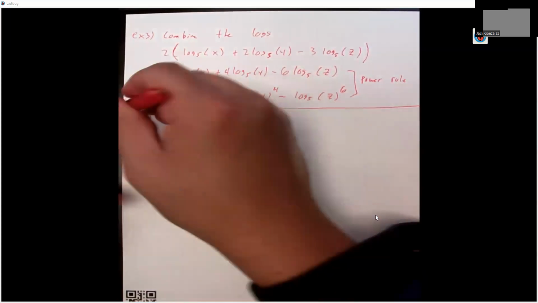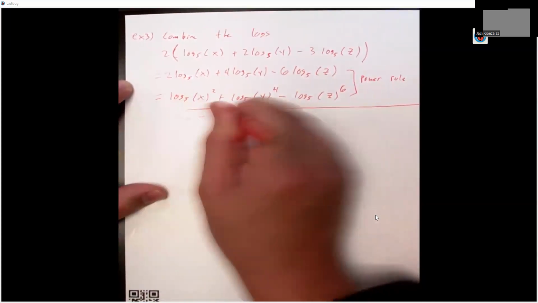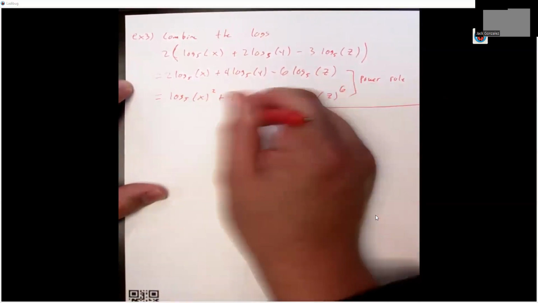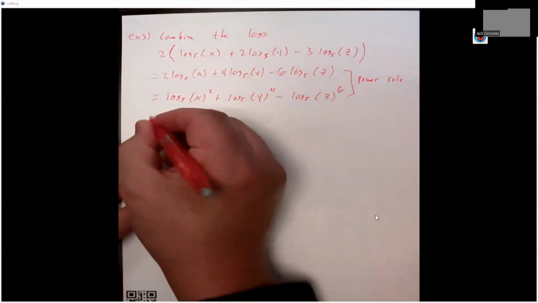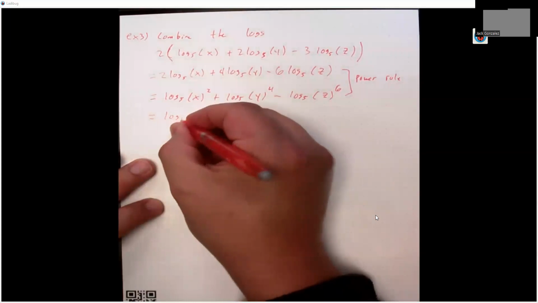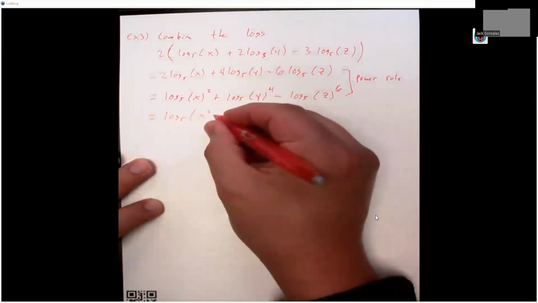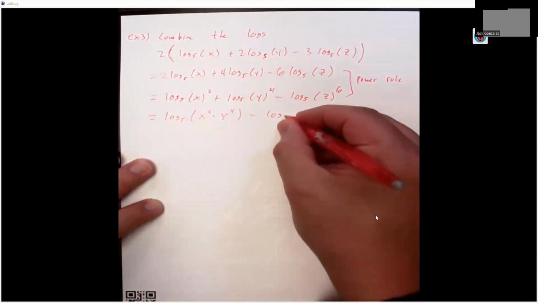I don't know why I did that. Not thinking straight. Haven't finished. What's the next step here? Product and quotient. Let's combine these two, and then do the quotient.